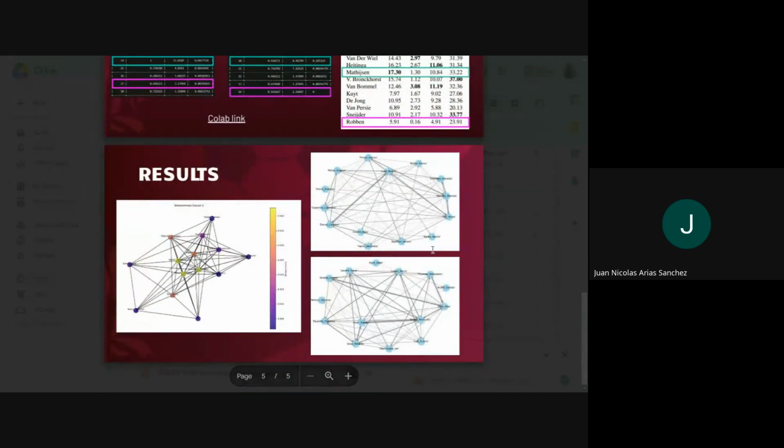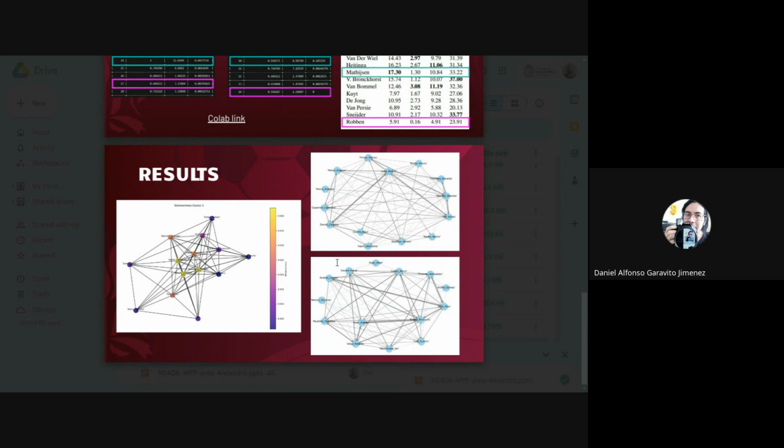We also make various plots and various analyses. We create and represent the network. This includes some plots that we can't put here in the presentation because we don't have enough space, but we also analyze communities of the network, closeness, betweenness.